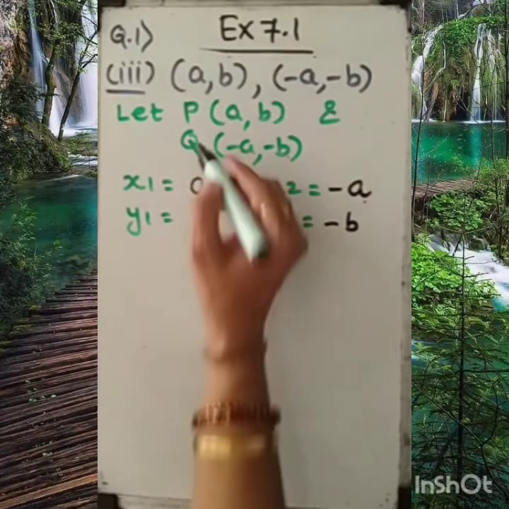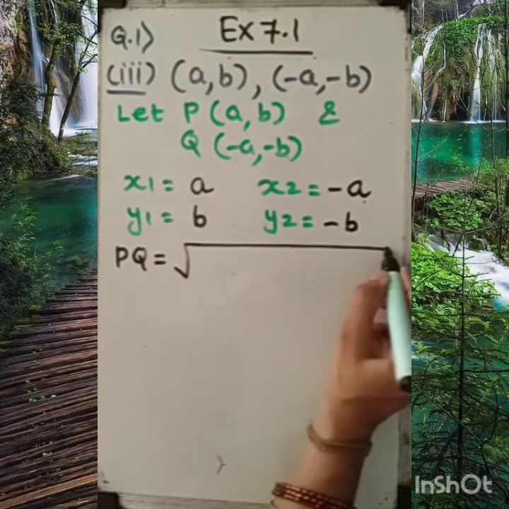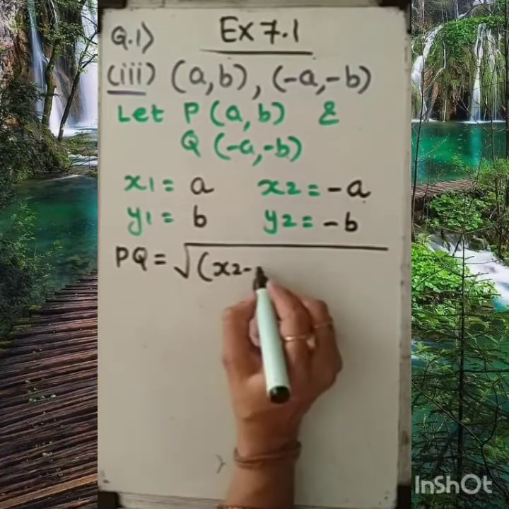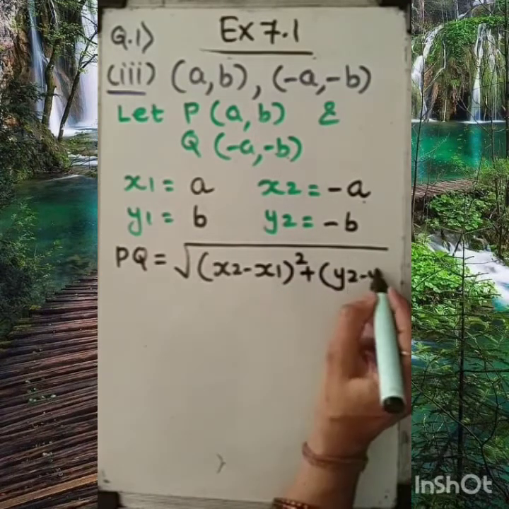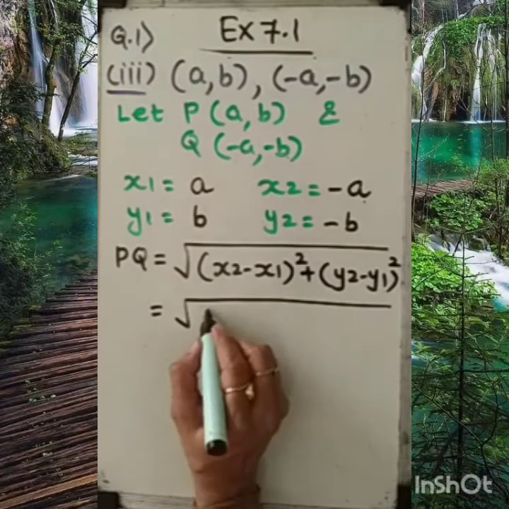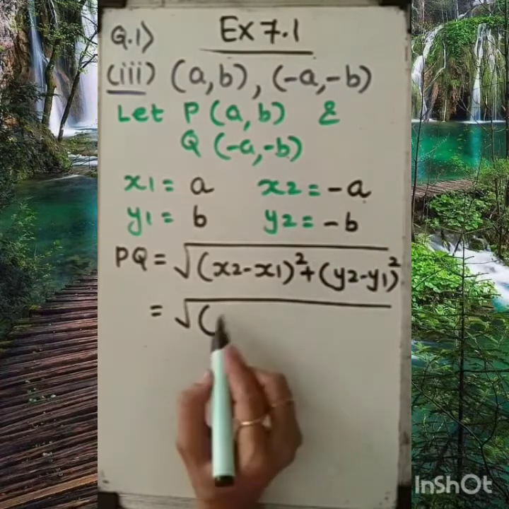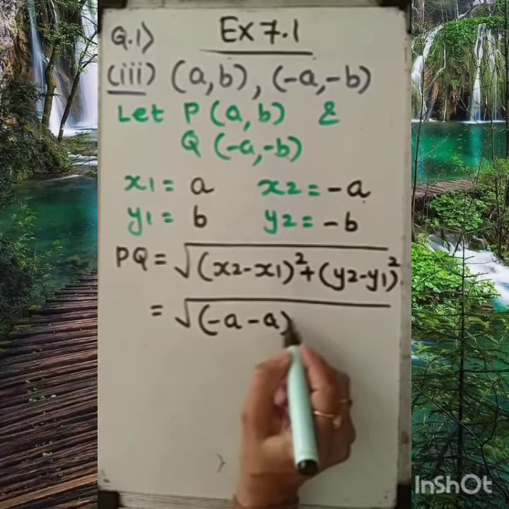Now let's find the distance between these 2 points, PQ. So PQ is the square root of (x2 − x1) whole square plus (y2 − y1) whole square. This is the distance formula. So my dear student, here you know this is (−a − a) whole square.